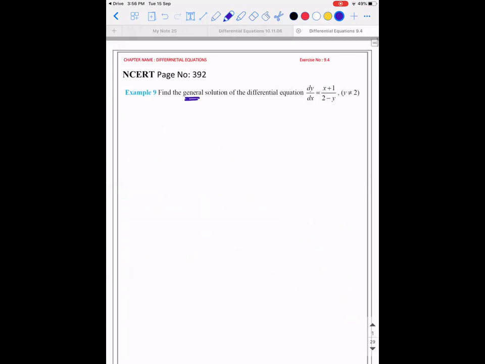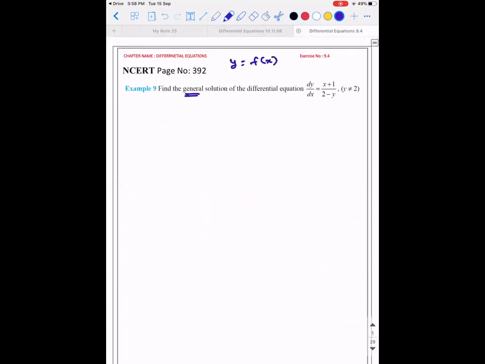See, generally it is in this form. When I write y is equal to f of x, what is the meaning of this? You're trying to say that the variable y is dependent on x, right?